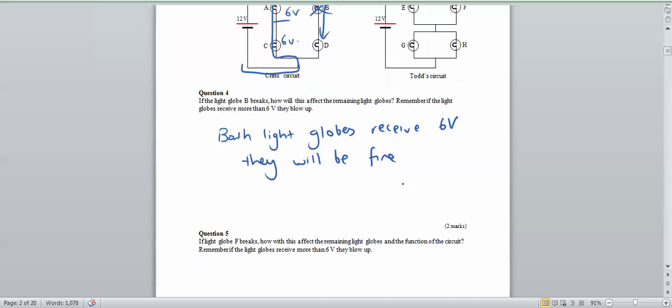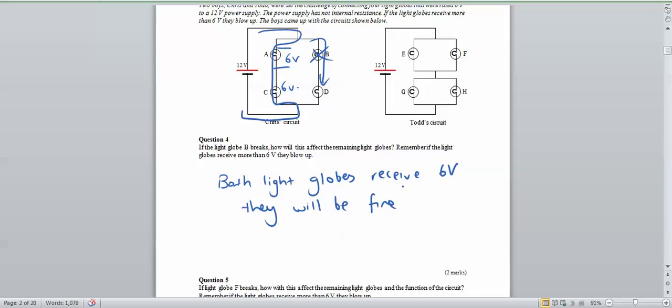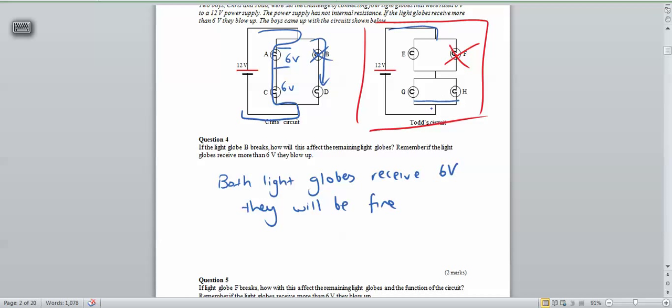Now, let's have a look at question 5. They were looking at this arrangement here. If globe F breaks, how will this affect the arrangement? Well, if globe F breaks, then first of all, we know that the resistance here is going to be half that of the resistance up here.